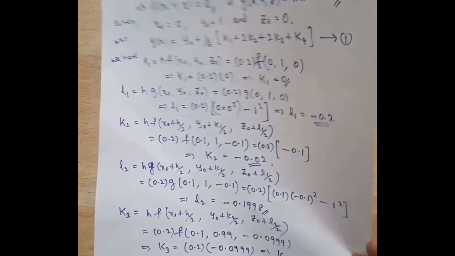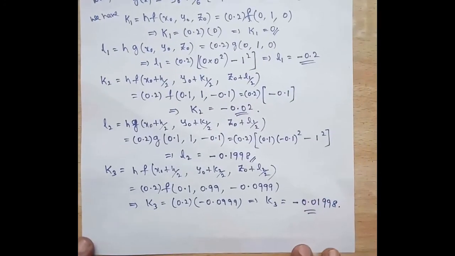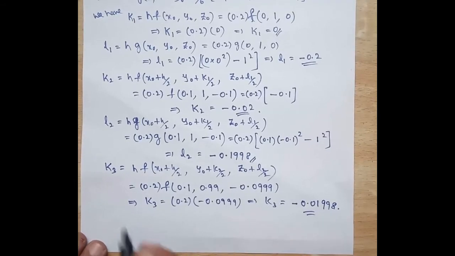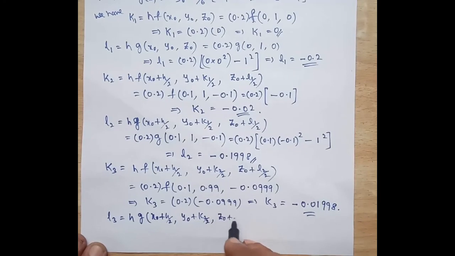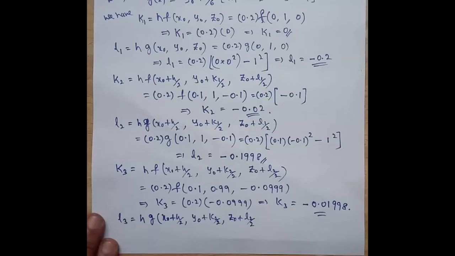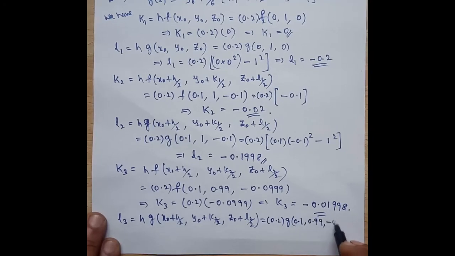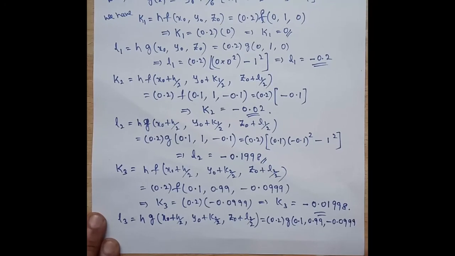Now, once we get K3, you can find out the value of L3. The L3 formula is h into, same, instead of f we get g of x naught plus h by 2, comma y naught plus k2 by 2, comma z naught plus L2 by 2. So this is equal to 0.2 into g of, this calculation we already did, so let us substitute: 0.1, comma 0.99, comma minus 0.0999.